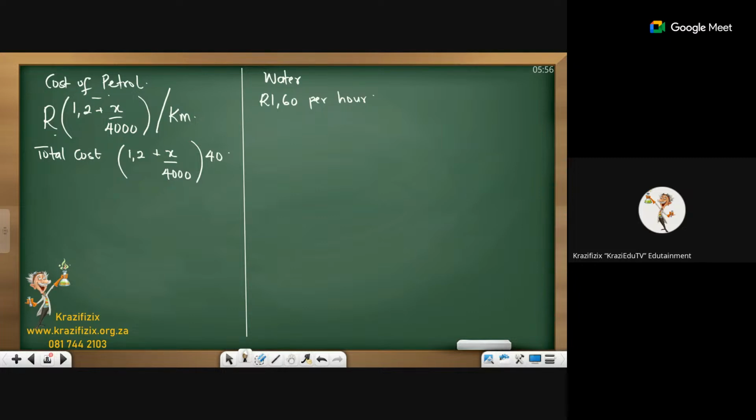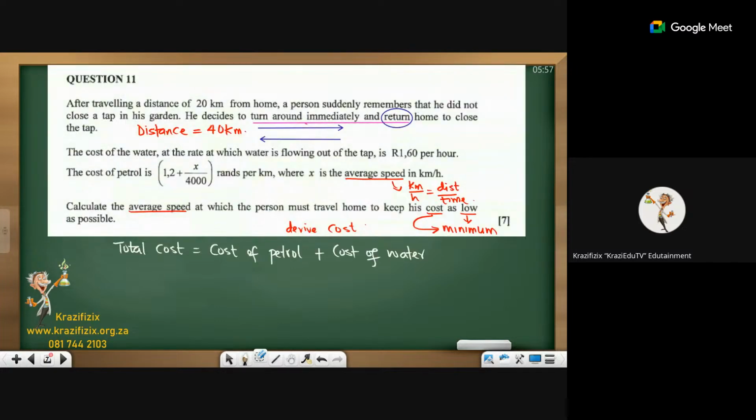We don't know. But we know that speed equals distance over time. If we cross multiply, speed times time equals distance. Now, we are looking for time. We don't know the time, but do we know the speed? We are told average speed is x.